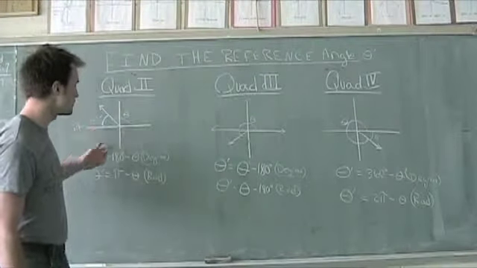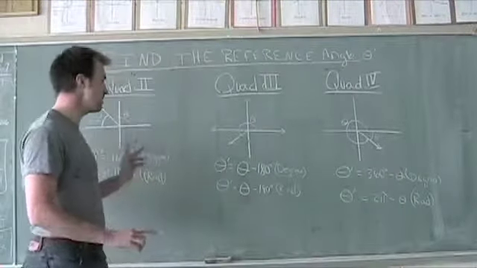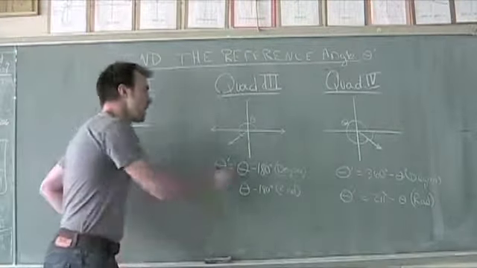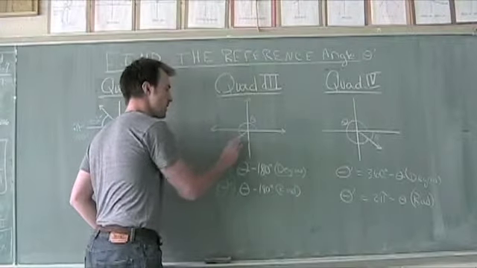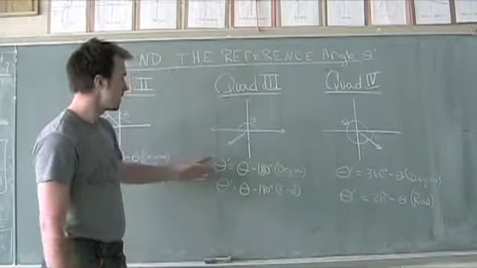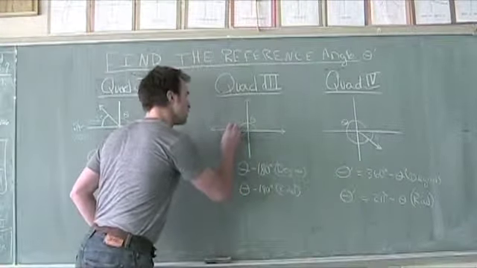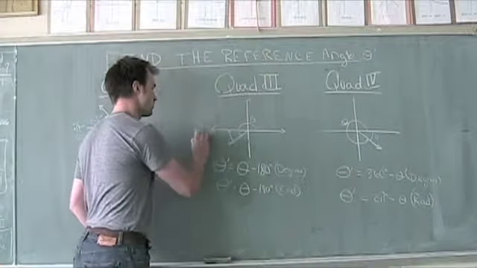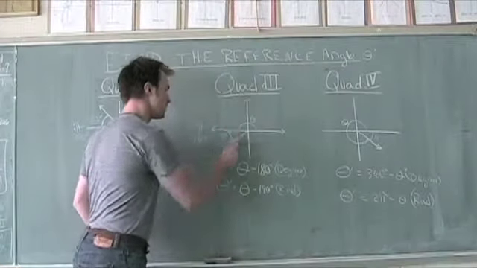Pi or 180 degrees. Now, quadrant number 3 looks very similar, but slightly different from quadrant number 2. In quadrant 3, we have an angle theta from the x-axis all the way to the terminal side, but theta prime, our acute angle, actually goes back up to meet up with pi radians or 180 degrees. So theta prime is going the opposite way.